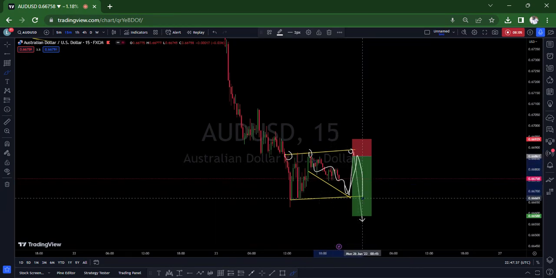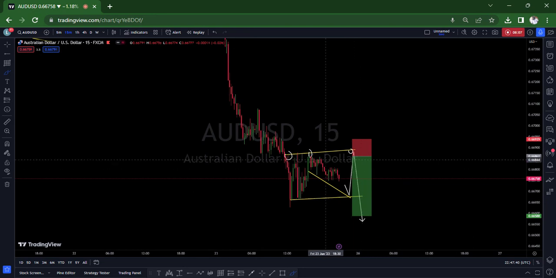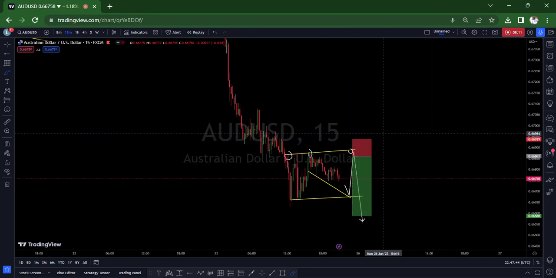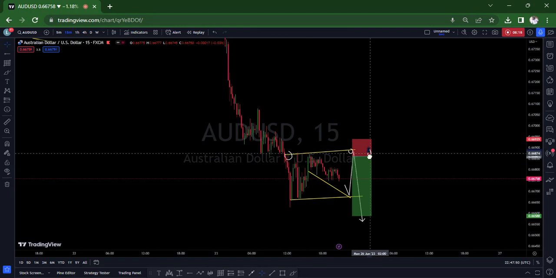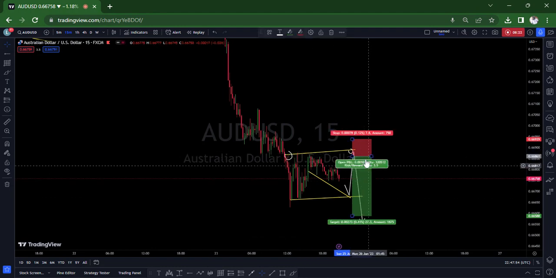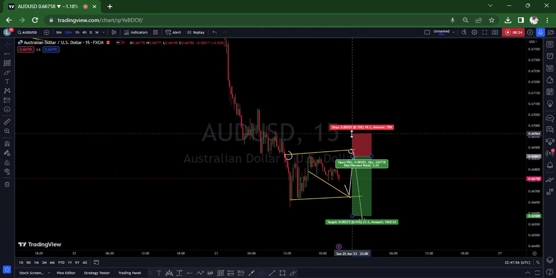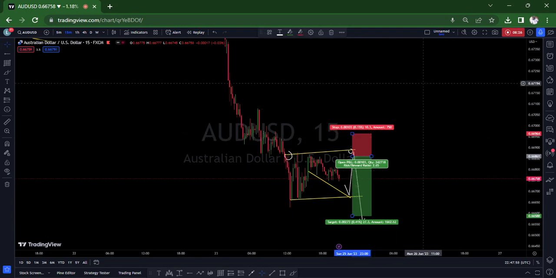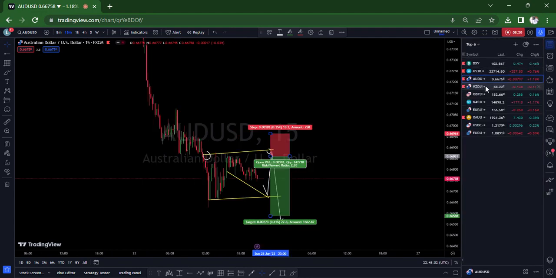That's what I'll be looking forward to for next week. So we do have to wait until the trade materializes. I'll be setting maybe a 10 pips stop around this area. Then I'll ride it to the downside.